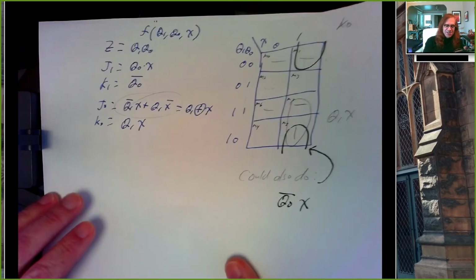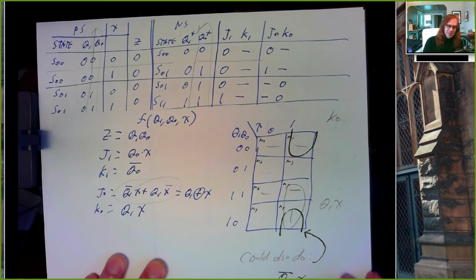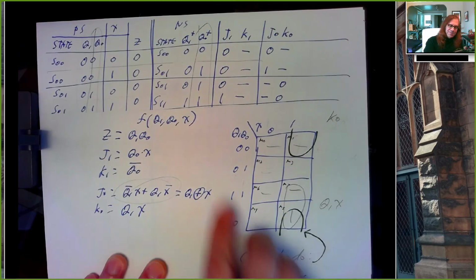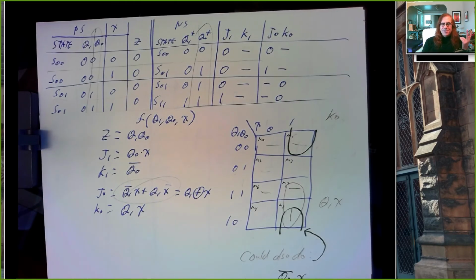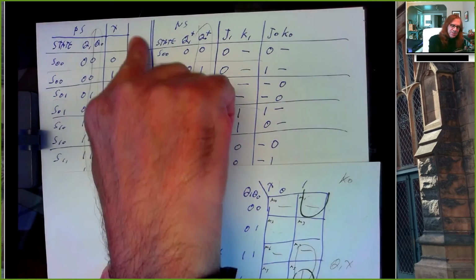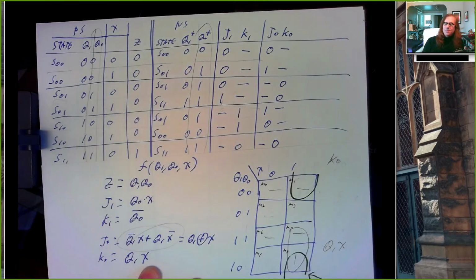And so this is where you're going to spend a lot of sheets of paper, is writing the equations, because you're going to need a K-map for each of your inputs to your flip-flops. But for toggle flip-flops, you only have two inputs to worry about, T1, T0, and your output's not going to change, right? So your equation for your output's going to be the same in all cases.